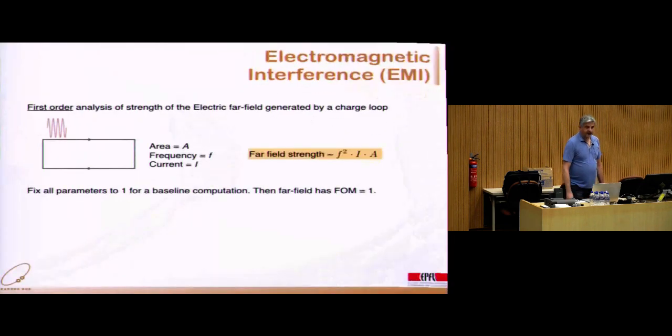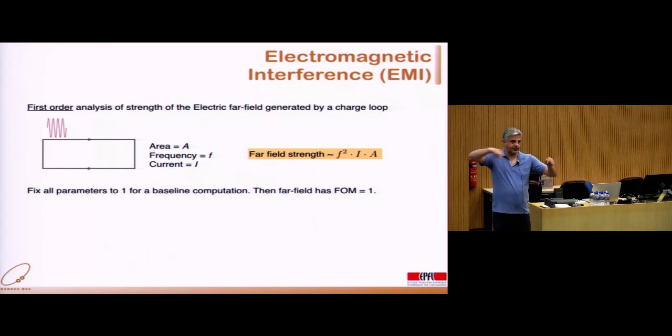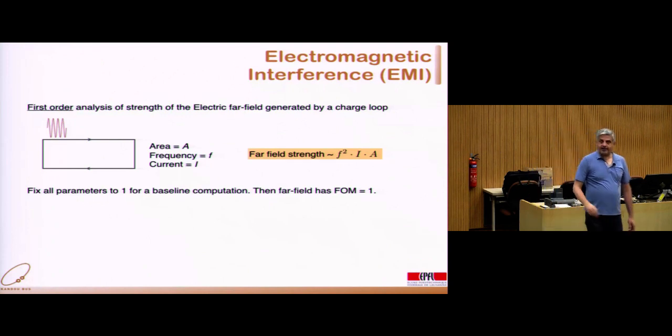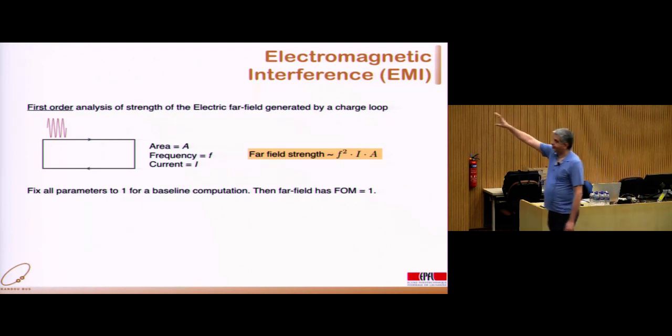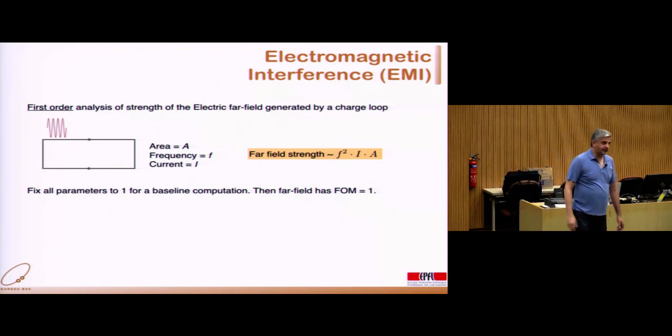Just very quickly on the electromagnetic interference. If you have 2 wires, you have something called a charge loop. So you put these wires together. At some point, they come together and make a rectangle. If you have a rectangle and you have a sinusoidal wave that's going through this rectangle, then this rectangle creates something that's called an electromagnetic far field.